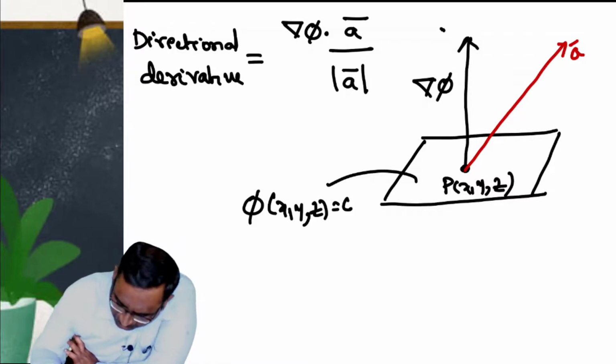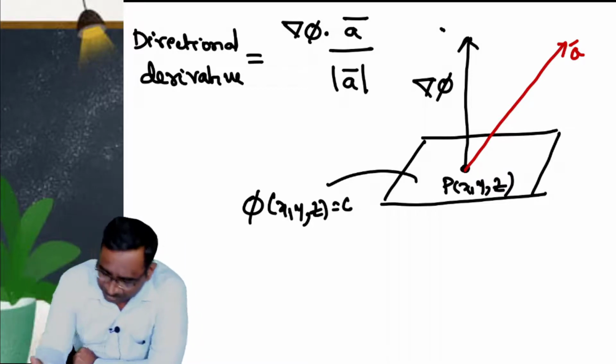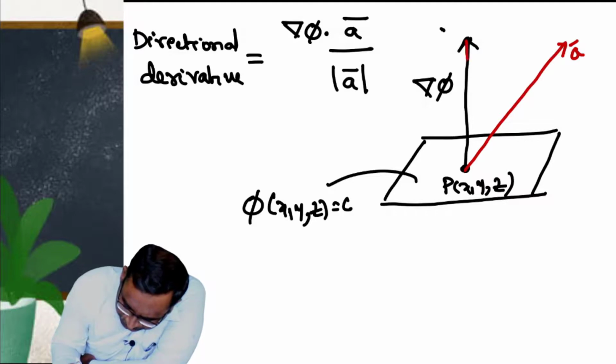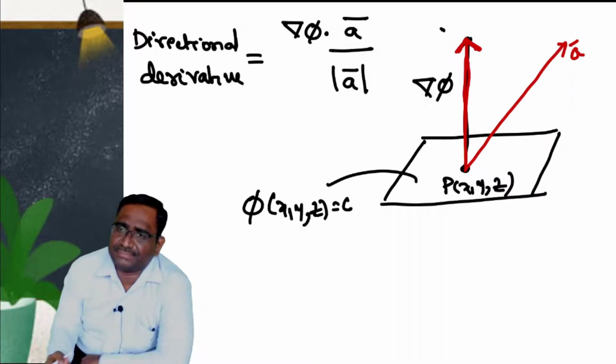This normal vector is already fixed, and it is always perpendicular to the level surface.